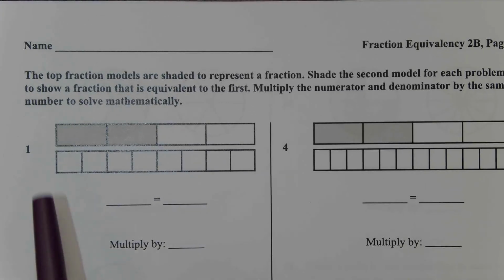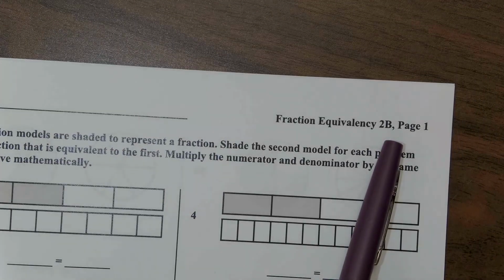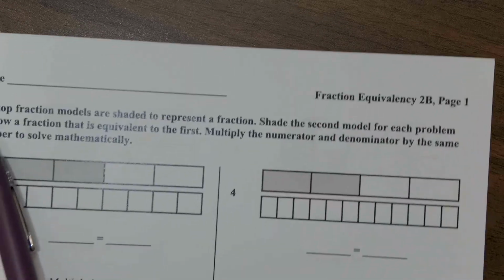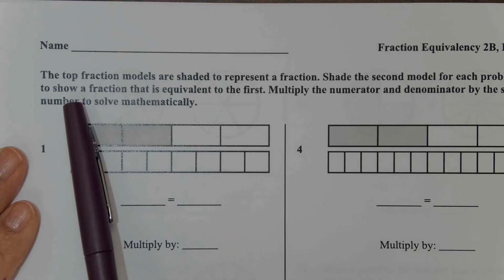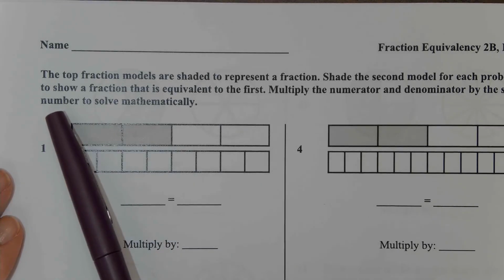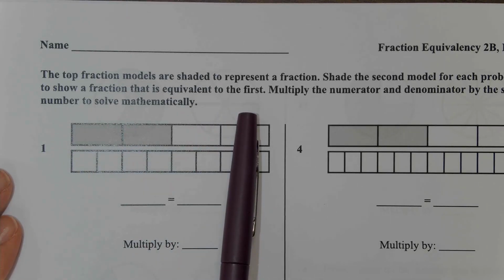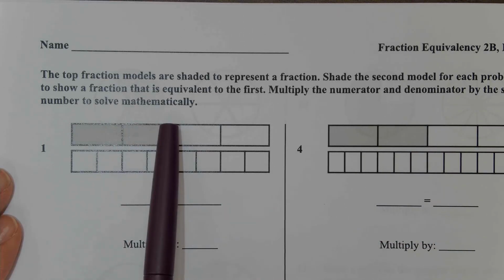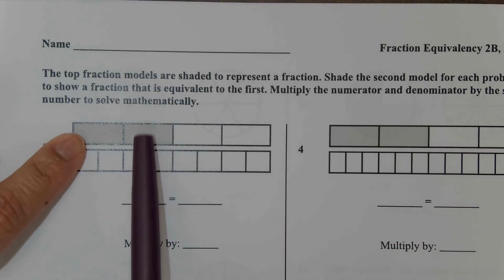Independently, you are going to work on page 2B, page 1. It says the top fraction models are shaded to represent a fraction. Shade the second model for each problem to show a fraction that is equivalent to the first. Multiply the numerator and denominator by the same number to solve mathematically. So you can use your models.